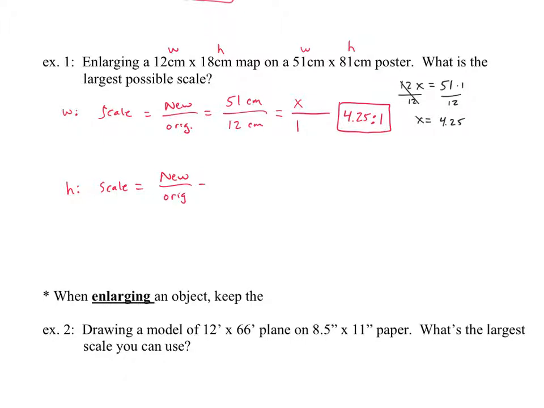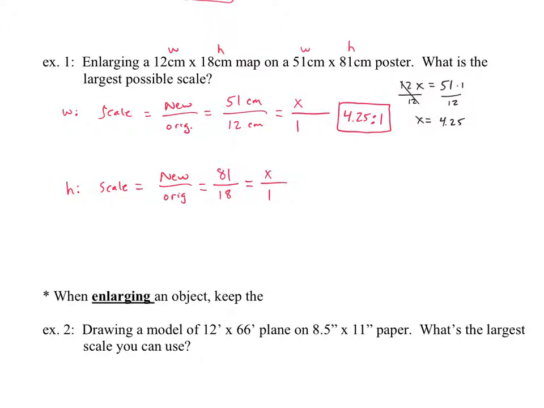All right, now for the height, we do that same thing. My new is going to be 81 centimeters. My old is going to be 18 centimeters. Again, you could drop the units here because they're the same. I'm going to put a 1 down here in the smaller one.